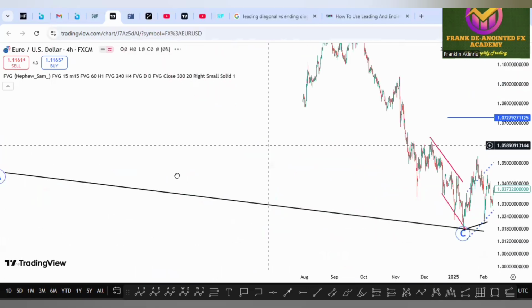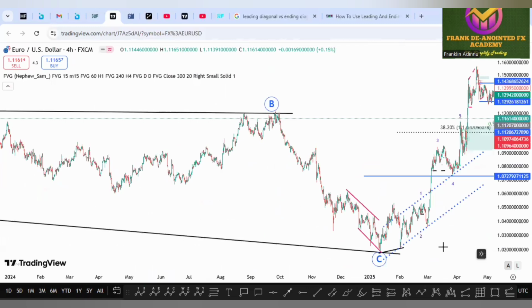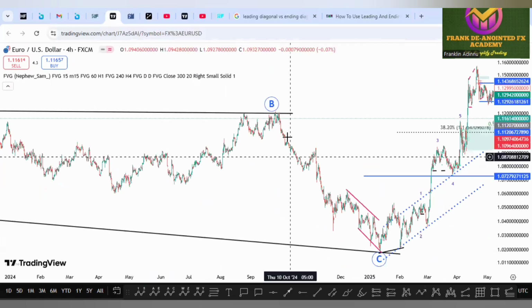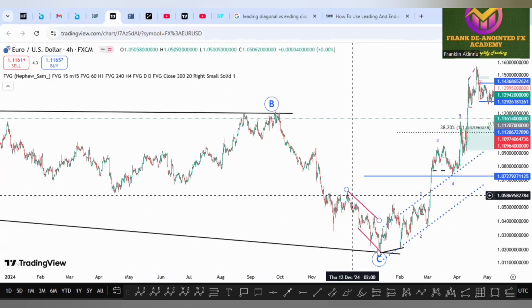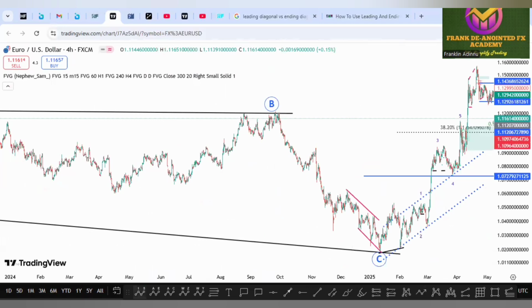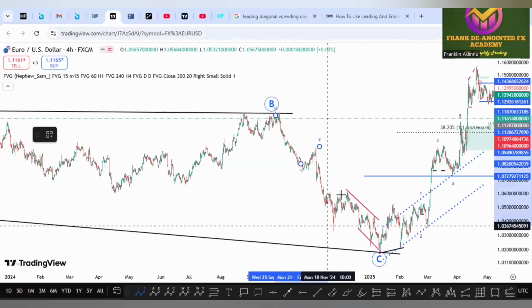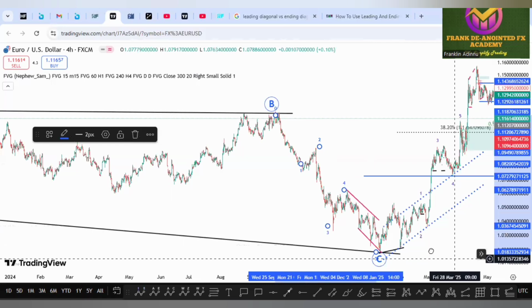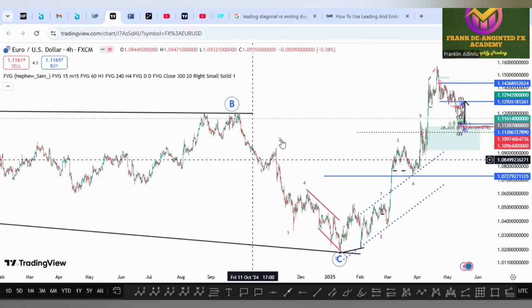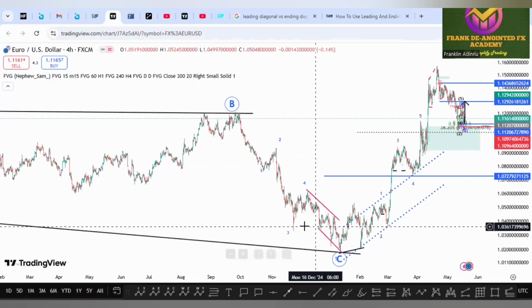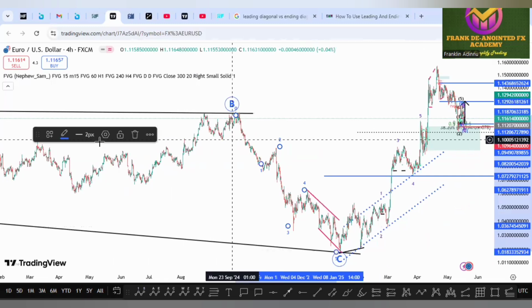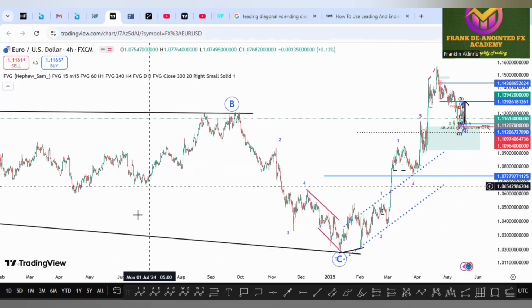It has been bearish, bearish, bearish, bearish from here. Boom, boom, boom. 1, 2, 3, 4. And then the ending diagonal occurs. Let's label it. It's 1, 2, 3, 4, 5. So the fifth wave was an ending diagonal.